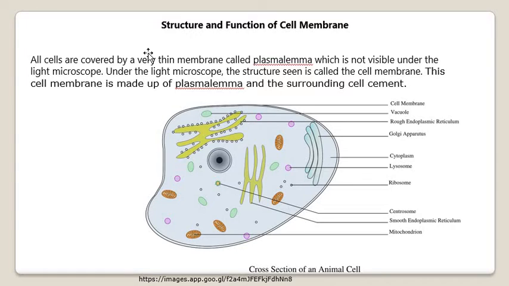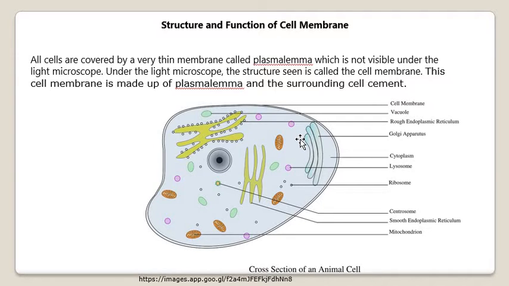All cells are covered by a very thin membrane called the plasma membrane or plasmolemma, which is not visible under a light microscope, that is, a compound microscope. You cannot find the definite boundary, but under the light microscope, you can see a specific shape of the cell. This is because of the cell membrane.